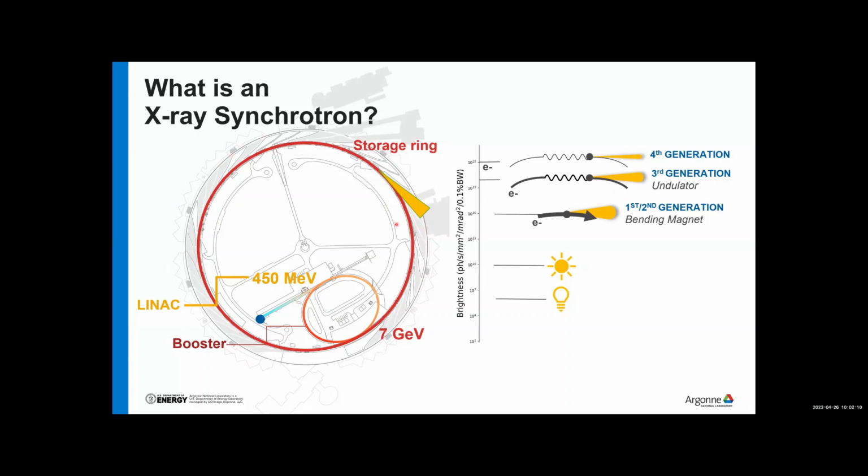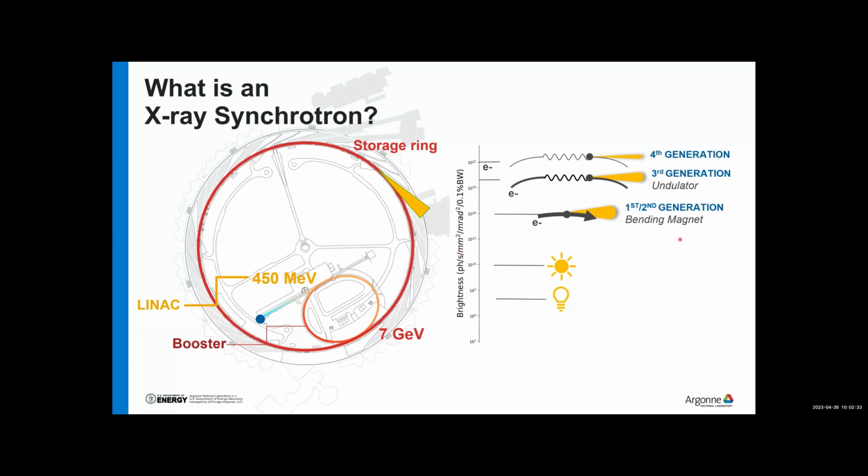So this is a pulsed process, and as the electrons circulate around, they generate bursts of light that are directed to these different experimental stations. Typically, the brightness of these machines has really increased substantially in the last few decades.